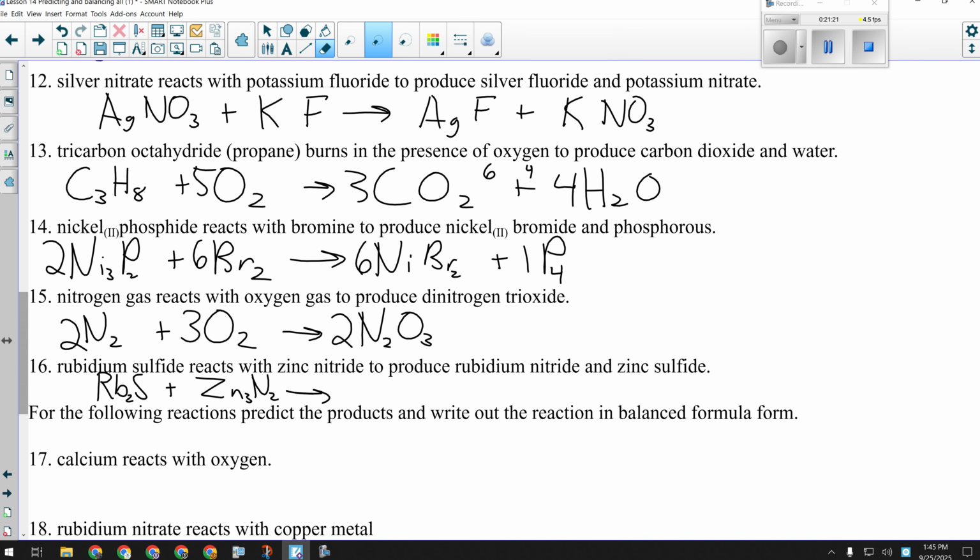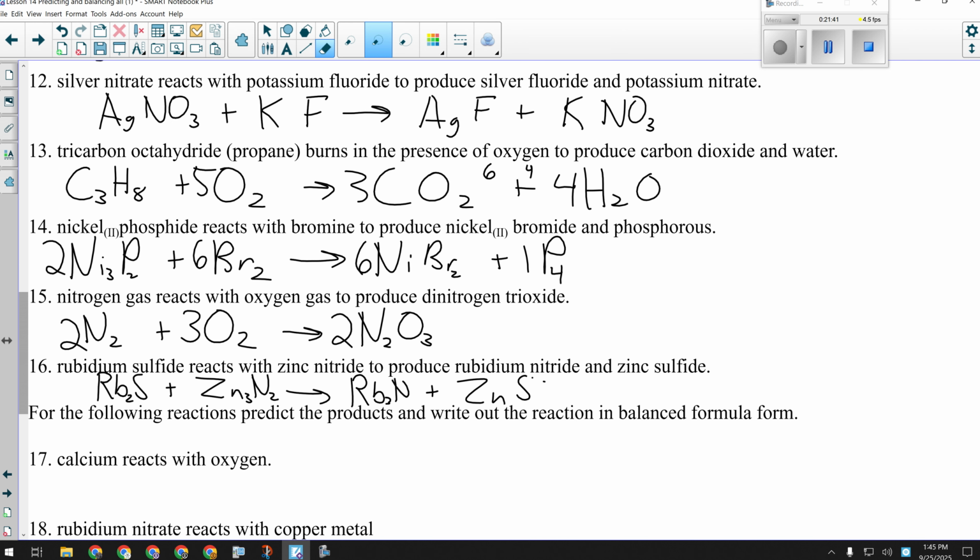Okay. To produce rubidium nitride, so Rb +1 with nitrogen -3, so Rb3N, and zinc sulfide, Zn, that's a +2, S, that's a -2, so that compound's fine, 1 to 1.